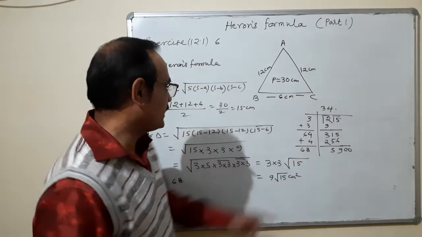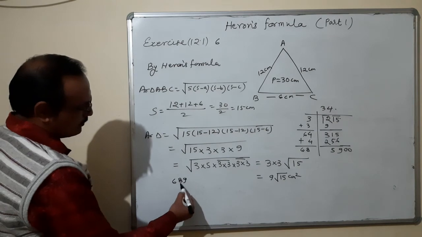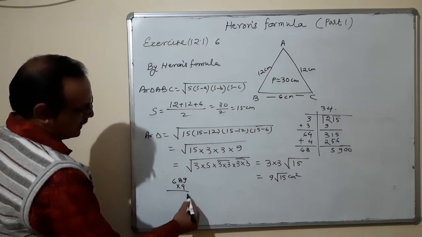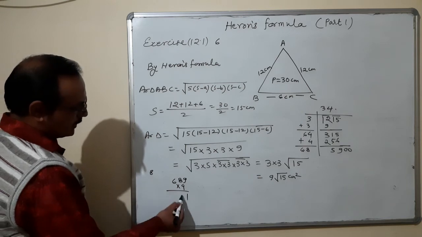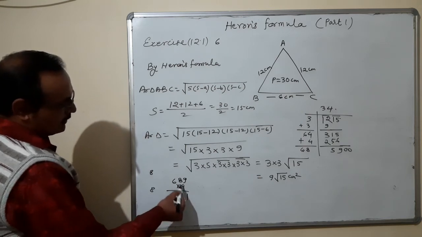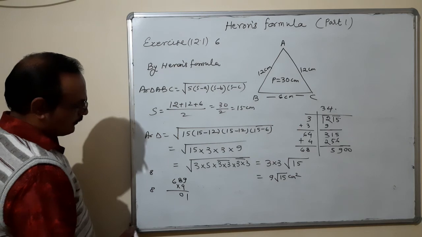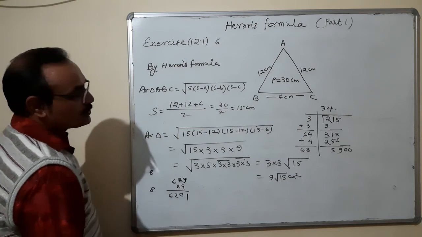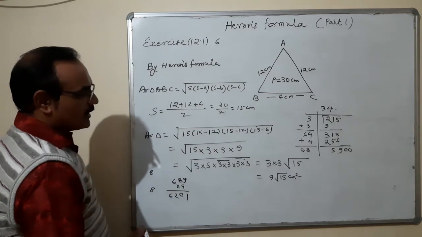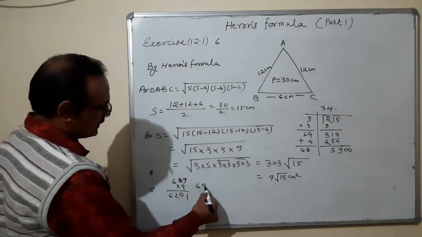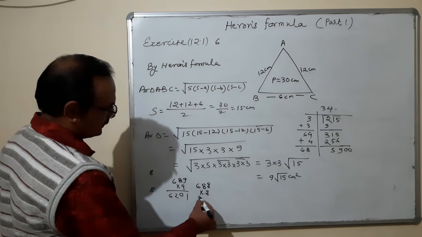So I think we will take 689 multiplied by 9. 9 9 ja 81, 9 8 ja 72, 72 plus 8 is 80, 9 6 ja 54, 62. 6201, and it is more than 5900.